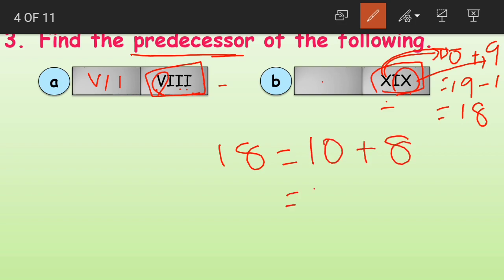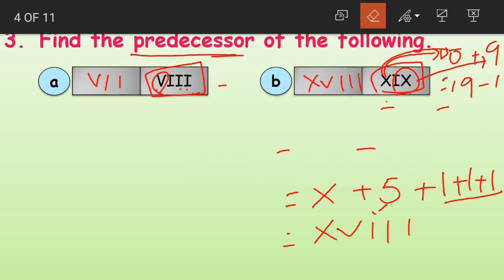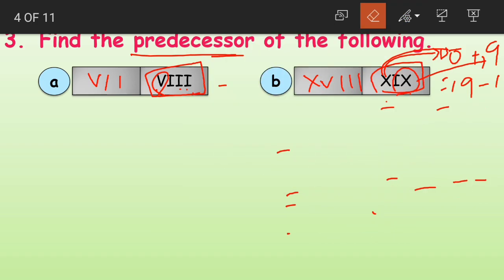We know that 10 is equal to X. Now again, how do we write 8? 8 can be written as 5 plus 1 plus 1 plus 1. 5 means V. Then we have 3 ones, I. Understood, children? So the predecessor of 19 becomes 18, which in Roman numerals is written as XVIII.